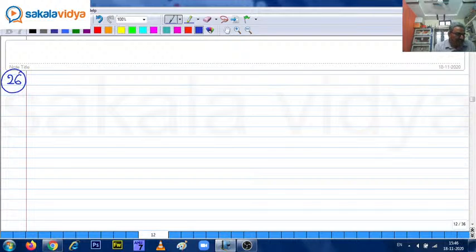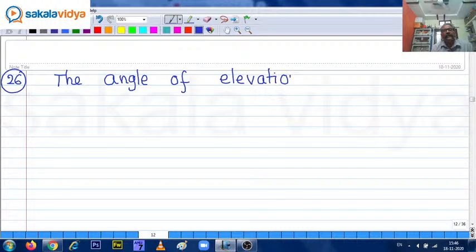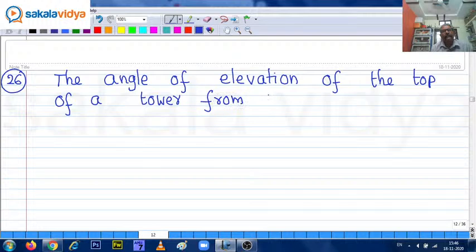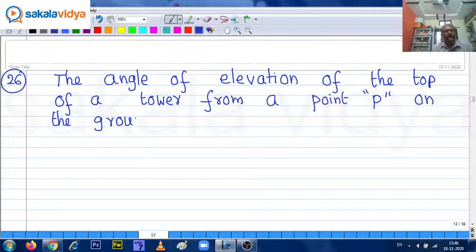26th question. The angle of elevation of the top of a tower from a point P on the ground is alpha.